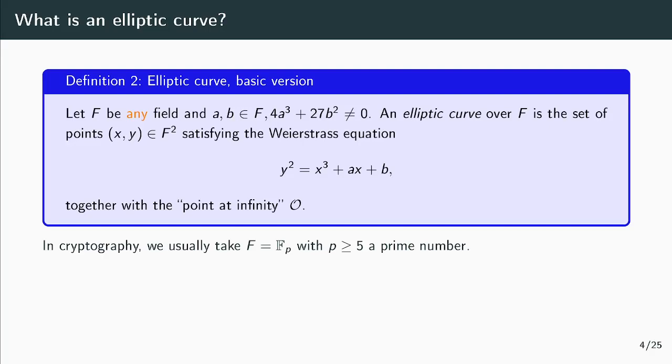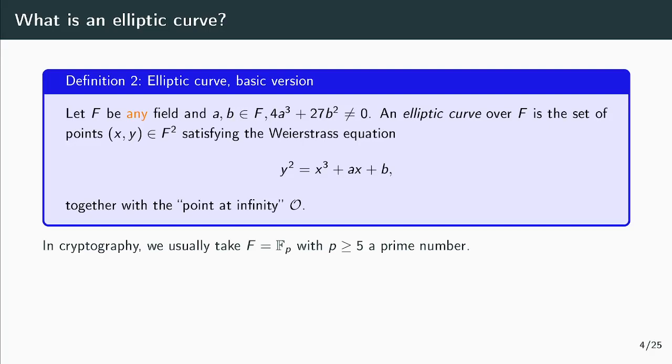Then an elliptic curve over F is the set of pairs (x, y) coming from the field that satisfy the Weierstrass equation y squared equals a cubic polynomial in x. These points are often called the affine points because we also add one other special point O, which we call the point at infinity. But don't worry, there's nothing mystical about it.